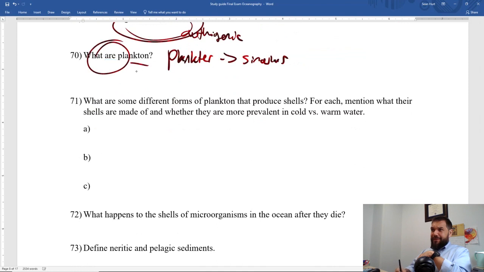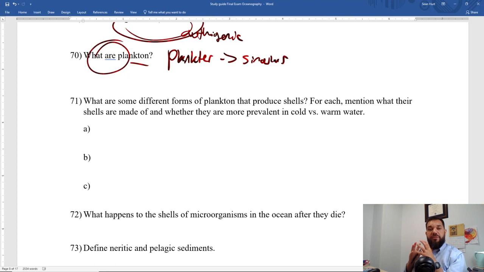But plankton, what are plankton? Plankton are any kind of organisms that freely float in the water and are carried by the currents and the wind. Okay, it could be anything. It could be microscopic algae. It could be like sargassum seaweed. It could be jellyfish. But the main point is that it gets carried by wind and currents.